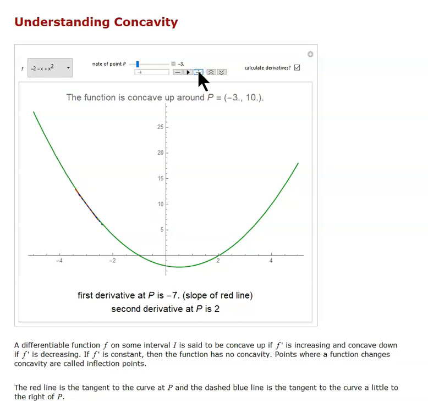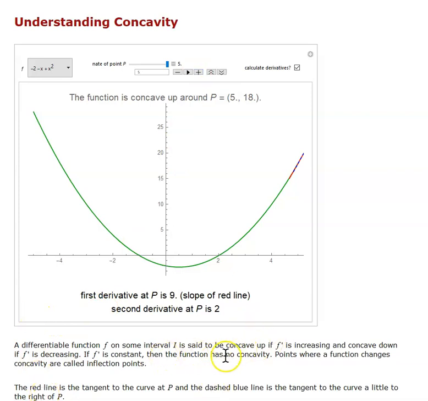At -3, the second derivative is 2. At -2, the second derivative is 2. Notice as I go around, the second derivative of this particular function is always 2.